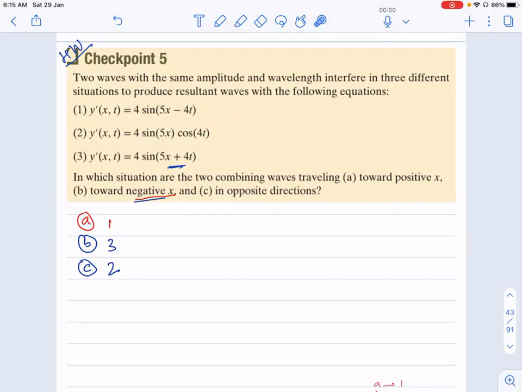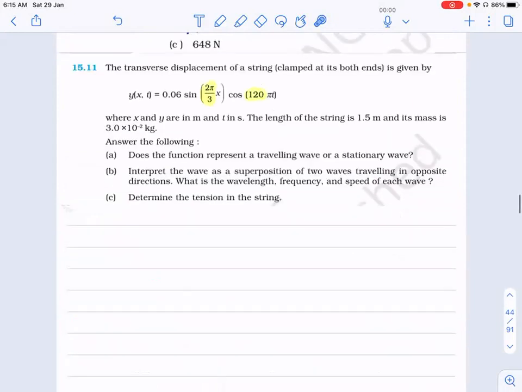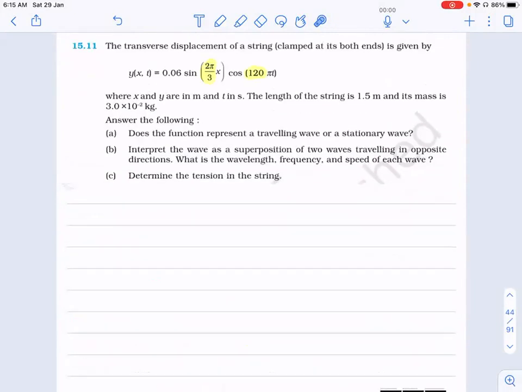Yes, sir. ठीक है. So now we'll see the NCERT book question. ये देखो, ये question है आपका. Can you do this? Important है. Question number 11. Read it and do it. देखो कैसे करेंगे.